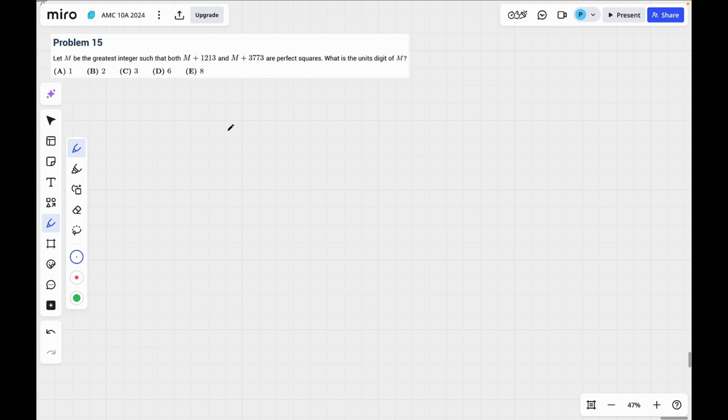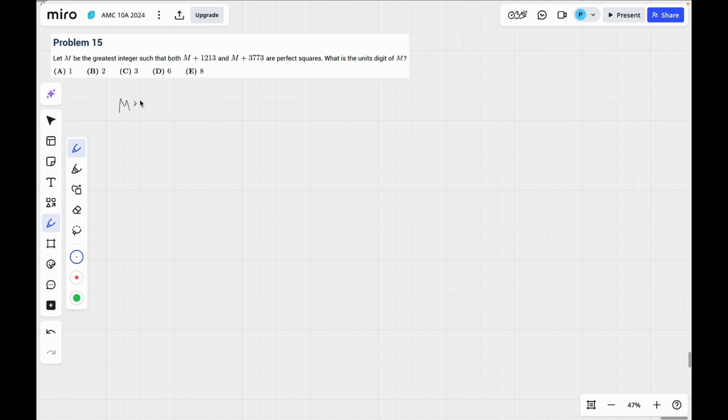Now, problem 15. Let m be the greatest integer such that both m plus 1213 and m plus 3773 are perfect squares. What is the unit digit of m? So let's equate these to some variables.